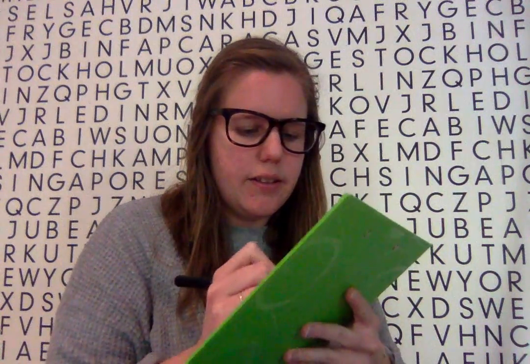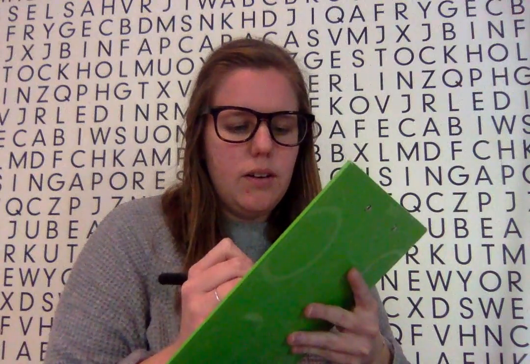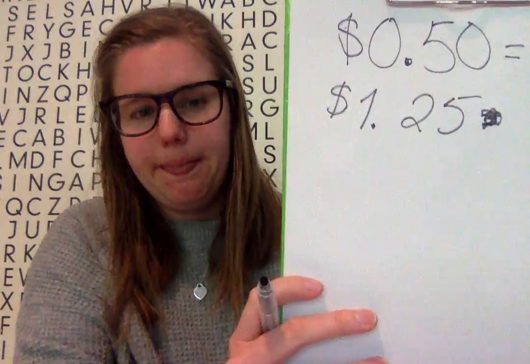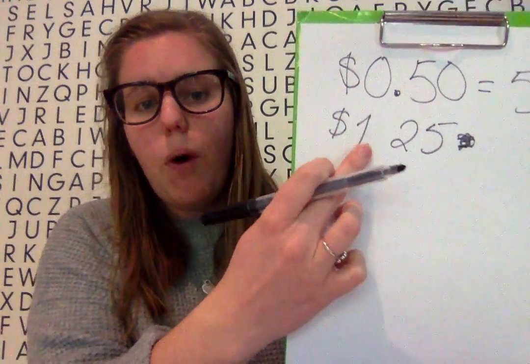What if we wrote something like this? What would this be? If you said $1.25, you would be absolutely right. You would have one dollar and 1 quarter. So we have 1 whole dollar and just a part of a dollar.